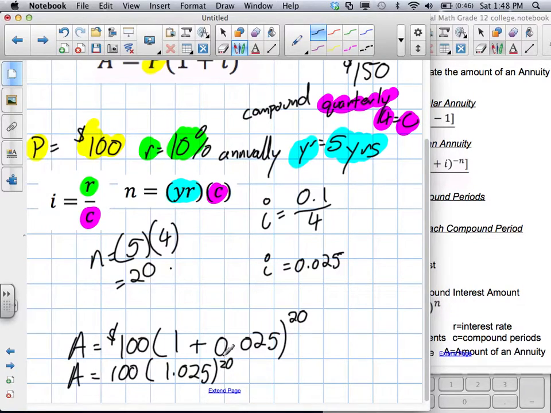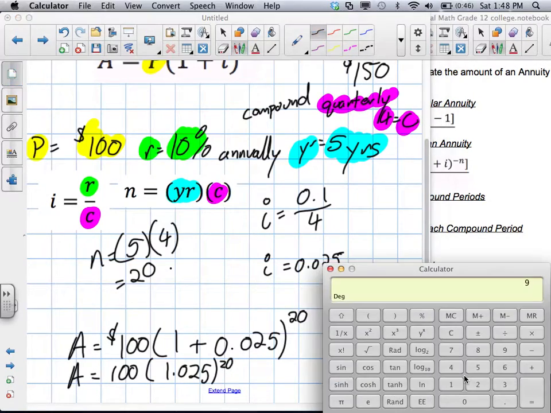Now, what do we do first, the multiplication or the exponent? Yeah, that's right. We do the exponent. So 1.025 to the power of 20 equals a very long decimal.